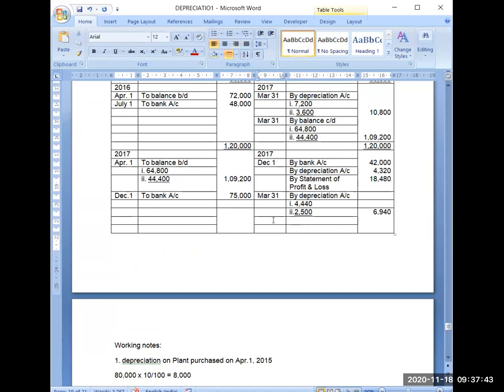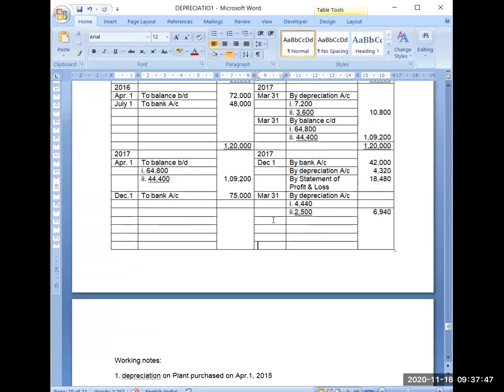Now we will calculate the balances. March 31 by balance carried down. So for the first plant, the balance will be 44,400 minus 4,440.